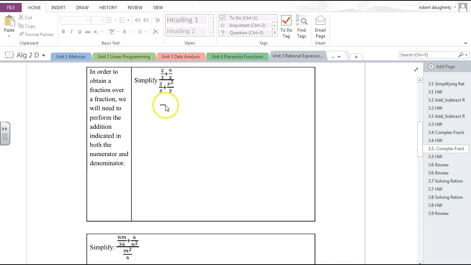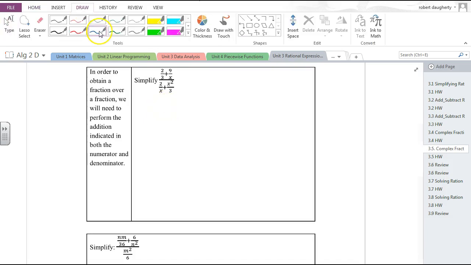So I'm going to have 2/3 plus 9 over x divided by 2 over x plus x squared over 3. So what is the common denominator? 3x.